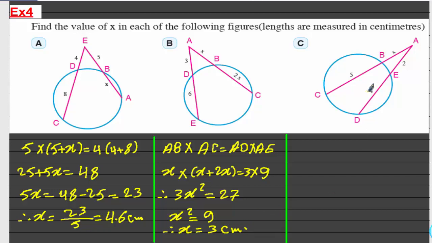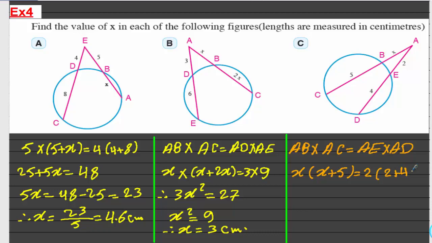Here in this figure we have again AB multiply AC equals AE multiply AD. AB equals x multiply AC, AC is x plus 5, equals AE, which is 2, multiply AD, which is 2 plus 4.